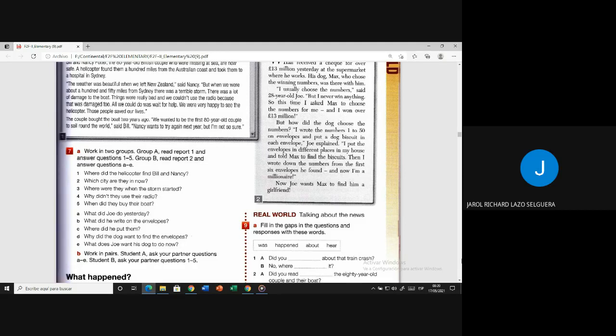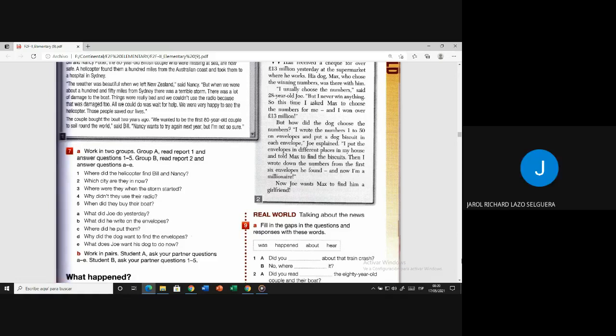Letter A. What did Joe do yesterday? He received a check for over 13 million yesterday at a supermarket where he worked. What did he write on the envelopes? He wrote the numbers 1 to 50.